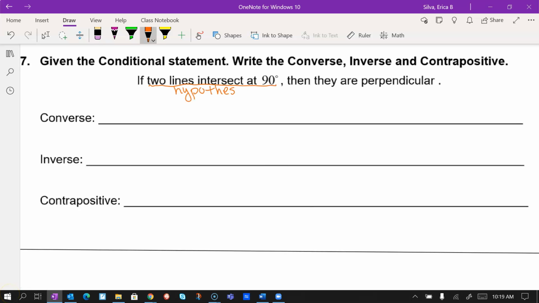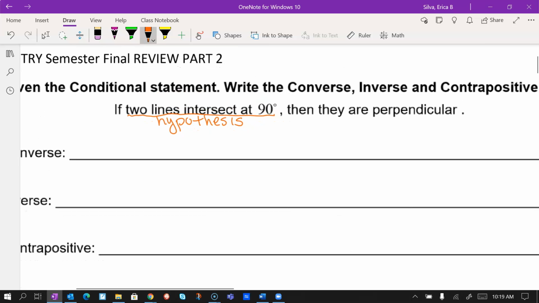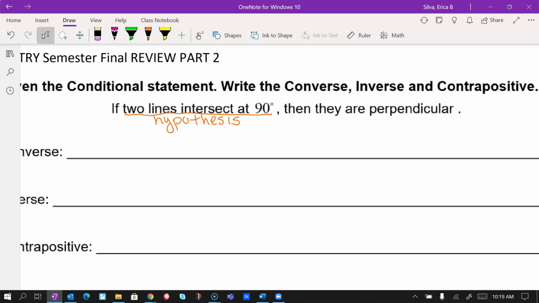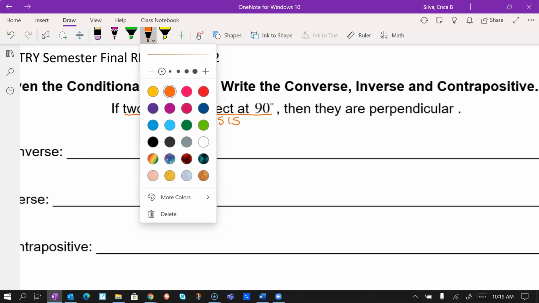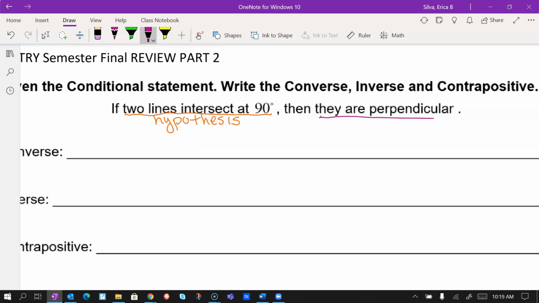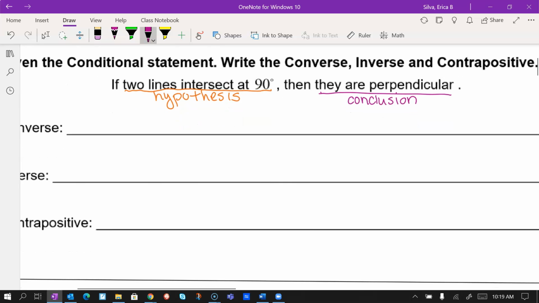So in this case, the hypothesis is that two lines intersect at 90 degrees. Your conclusion will be the phrase after the then. So in this case, they are perpendicular. This is your conclusion. So that's the first step, hypothesis and then conclusion.